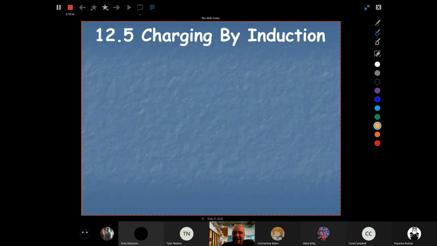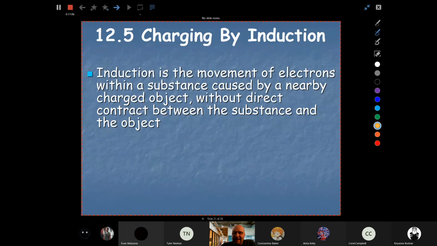So friction was rubbing them together. Contact was touching them together. And induction is bringing them together. So without direct contact, that's like the key phrase here.